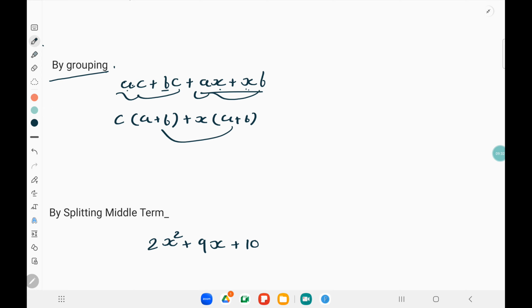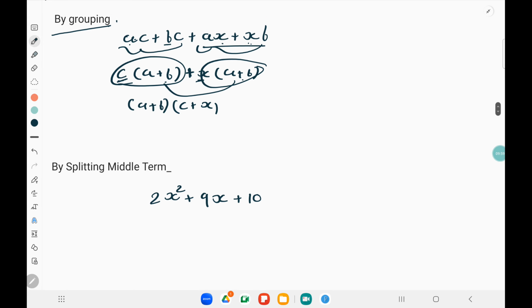So now we have a common bracket, and the two terms are separated by this plus sign. Both groups have a plus b as a common bracket, so we write that first. And what is separated outside the bracket, we write as a second bracket, so c plus x. So this is the way we can factorize by grouping.